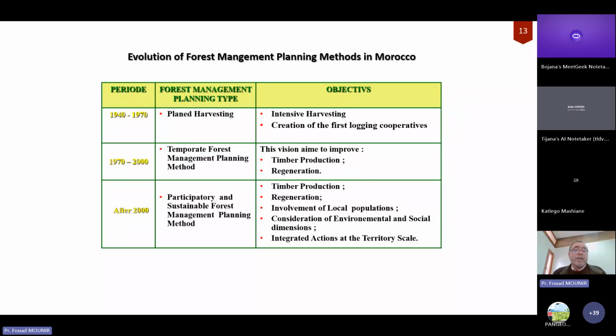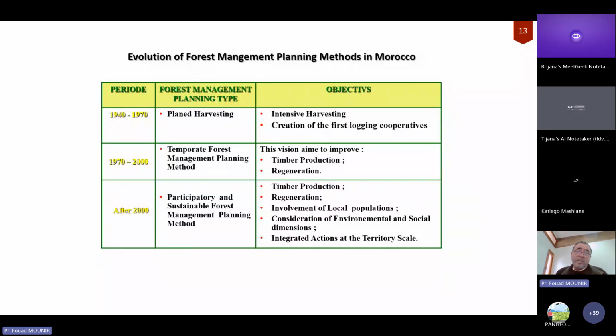Between 1970 and 2000, we applied in our forest mainly the temporary forest management methods, and the main objective of these forest management planning methods was timber production and regeneration.